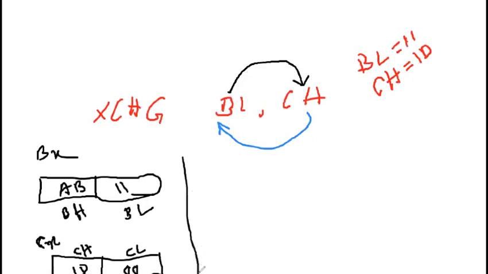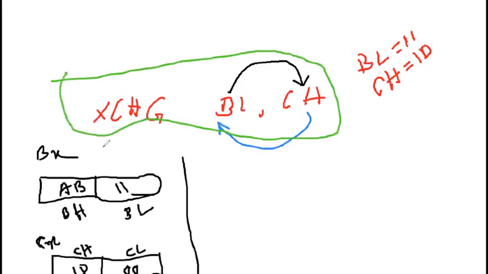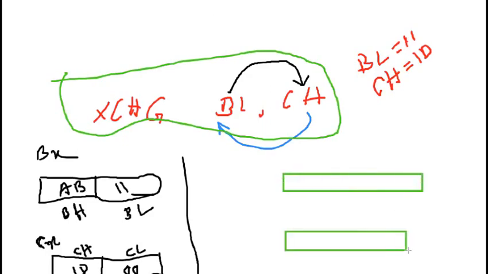This is before executing this instruction, we didn't execute it. So this is the picture, right? Now after executing, we need to draw the two. This is the after.